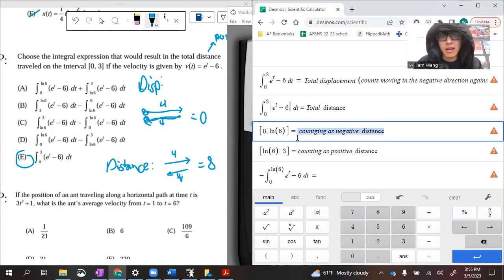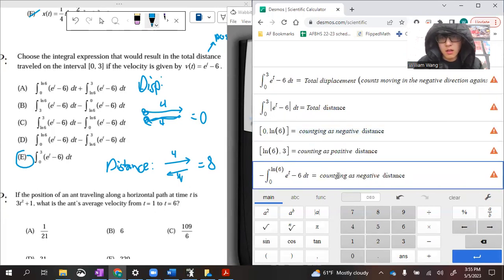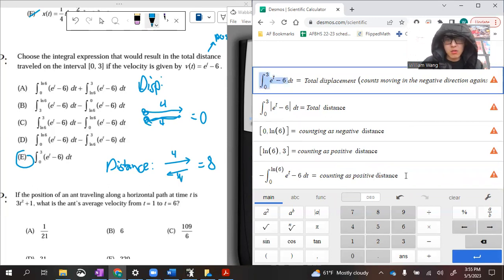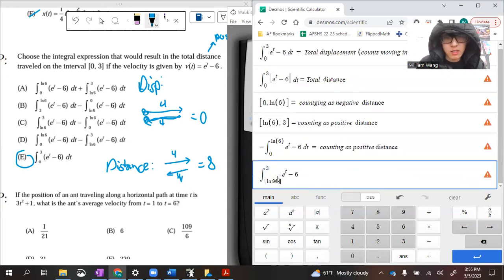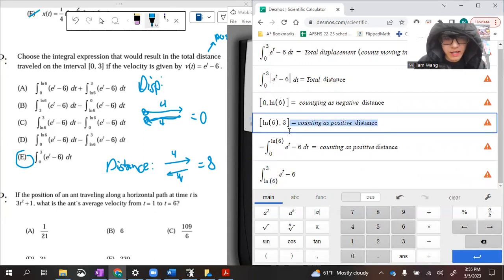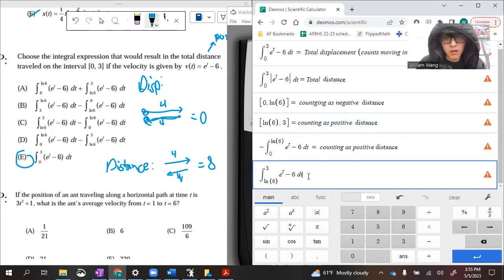Now it's counting as positive distance, which is good, because that is what I'm looking for. My next integral, from ln of 6 to 3, was always good. This is already counting as positive distance.